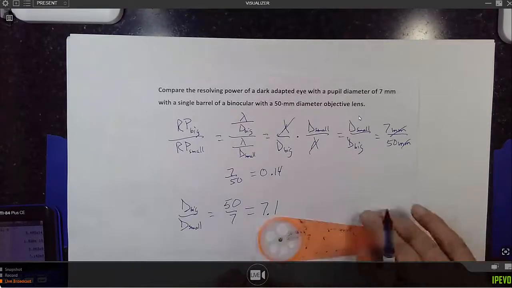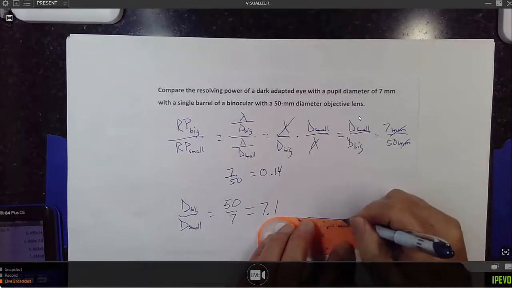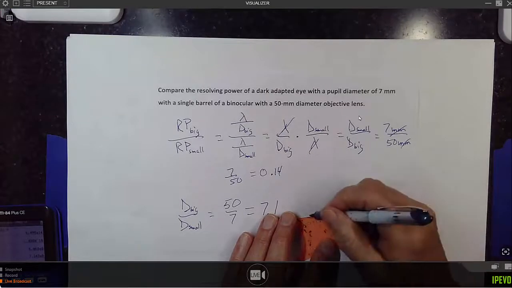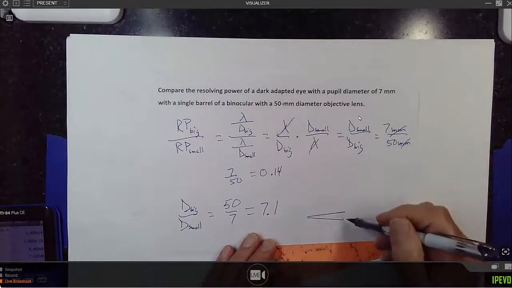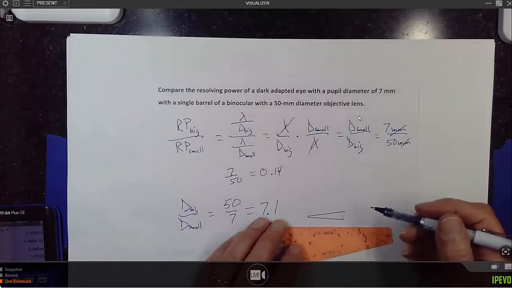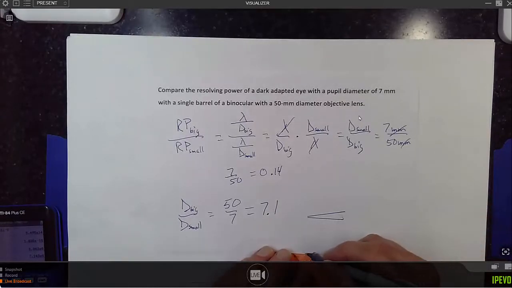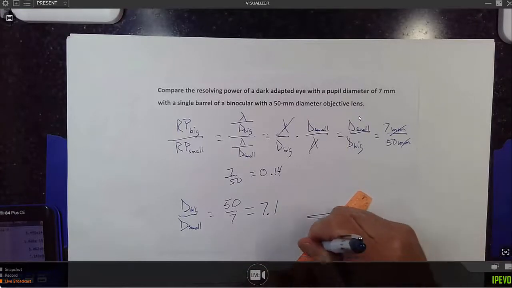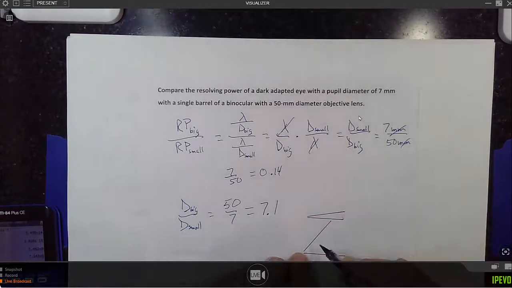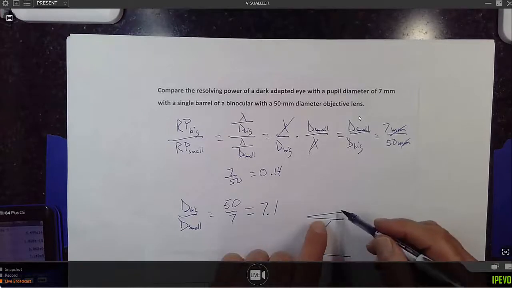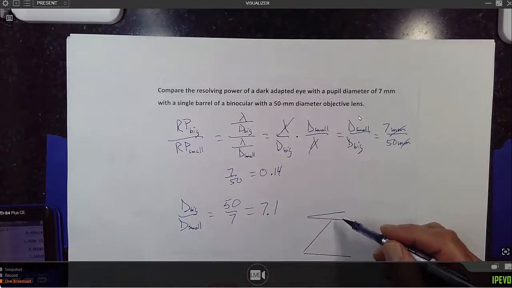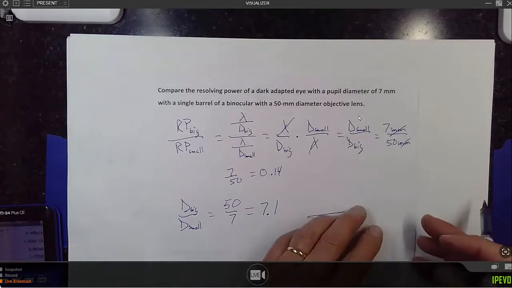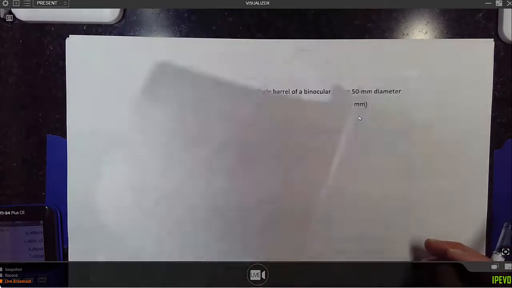So if I just sketch that very quick here, maybe that's the angle you can see with the big one, an angle 7 times that big, and I'm way exaggerating the size of these angles here. That might be what the small one can resolve, and that could be what the big one resolves. Anyway, you can do these things either way, and they work out pretty well.